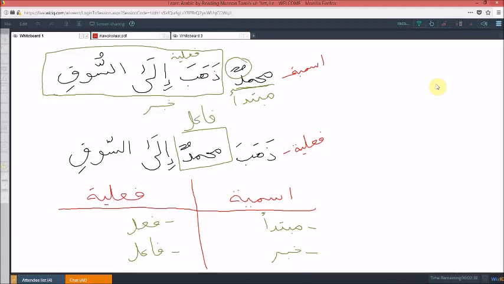In this sentence up here, where we have ذهب إلى السوق, in ذهب, 'he' is built in. Muhammad, he went to the suq. Because ذهب means he went. Right? Just like ذهبت means I went. So ذهب means he went. So we say Muhammad, he went to the suq.